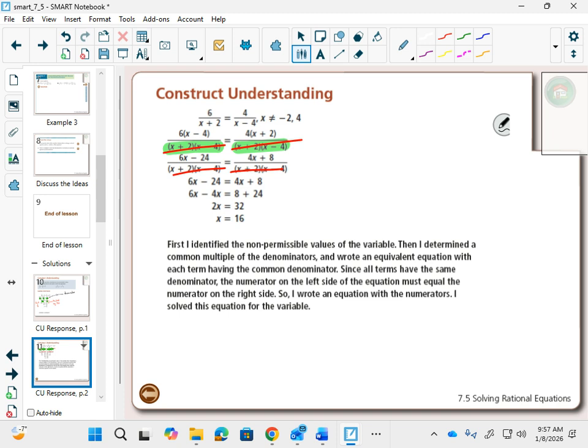I could multiply both sides by x plus 2, which would just move the x plus 2 over there. And I can multiply both sides by the x minus 4, which would just move the x minus 4 over there. And this method even has a name. Some math teachers curse the name. They say, oh, just use cross multiply. Because you see how I cross multiplied? I put the x plus 2 across to the other side, and the x minus 4 across to the other side.